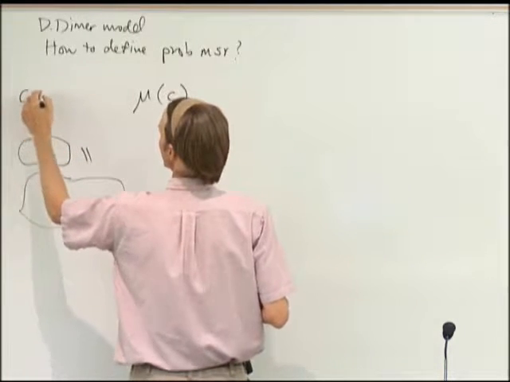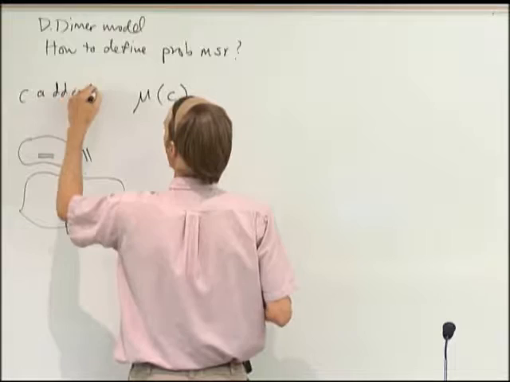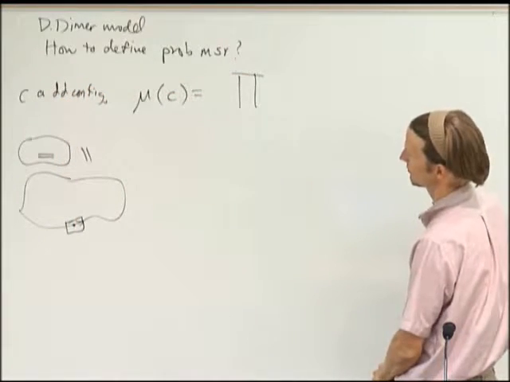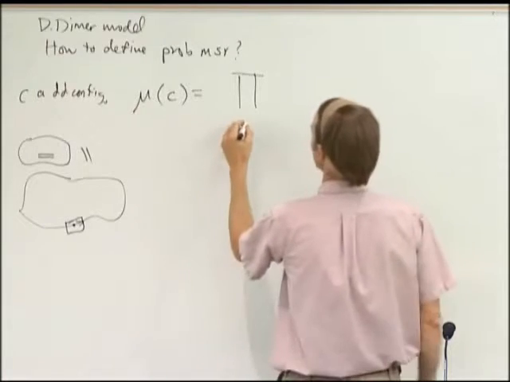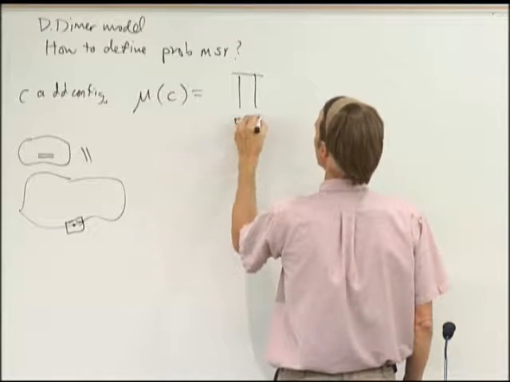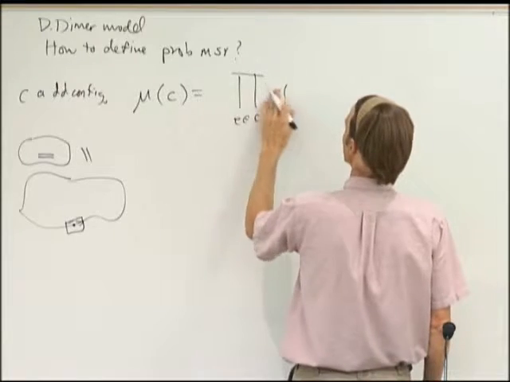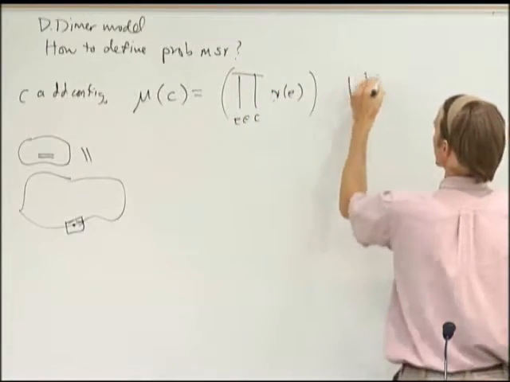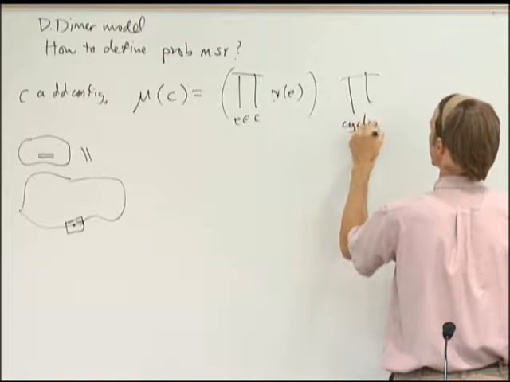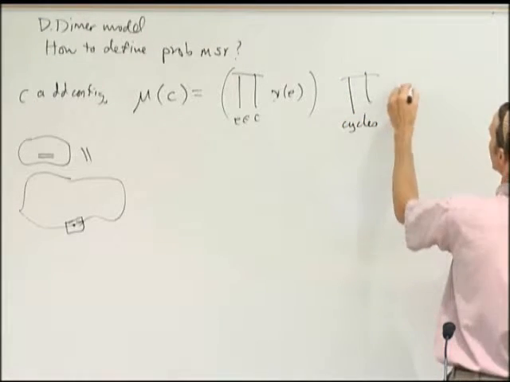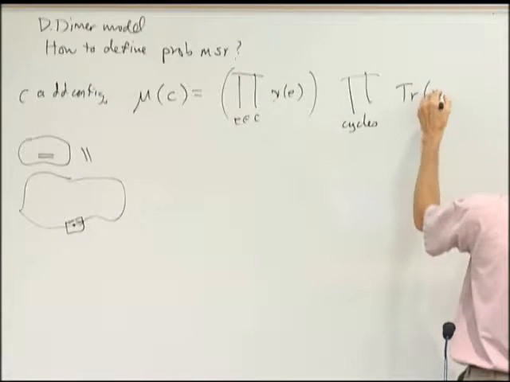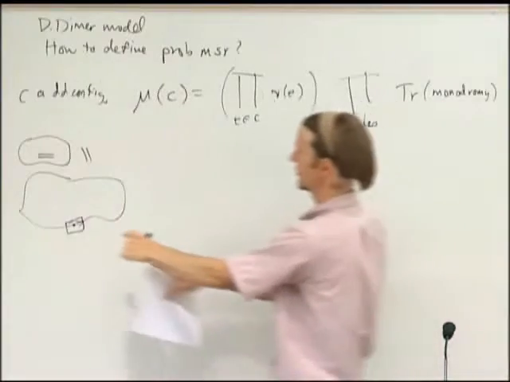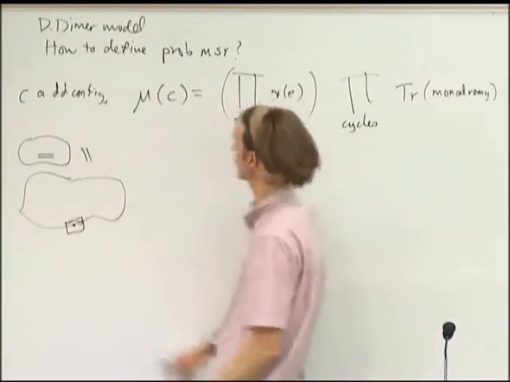We still have our underlying weight function on the edges, so the product over E in C of nu of E. But then we have the product over all cycles of the trace of the monodromy. By the monodromy, I mean the composition of the parallel transports around that loop.